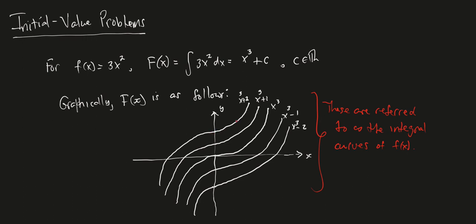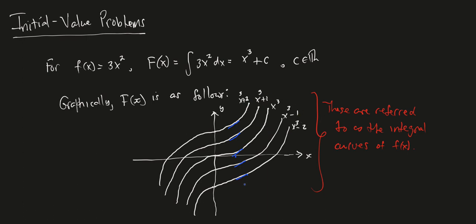At any given point, I'll just illustrate it. Let's say whatever that x value is, if I drew the tangent line to each of these curves at that point, these tangent lines are all parallel. And that will be true for every value of x at which these functions are differentiable, right?